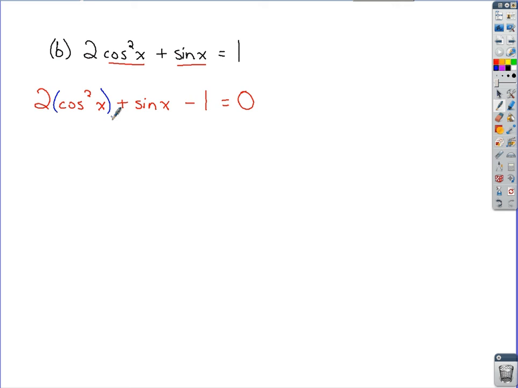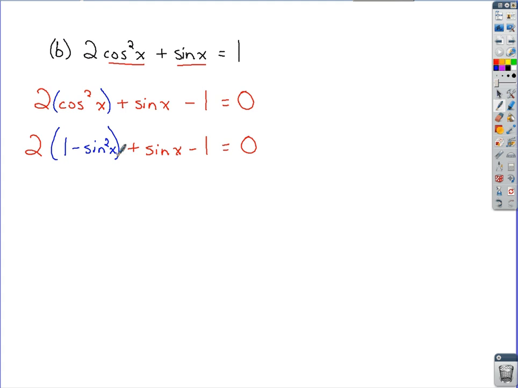Identity for cosine squared of x would be 1 minus sine squared of x. So if I substitute that in, here I am replacing cosine squared of x with 1 minus sine squared of x. By doing that, everything now will be in terms of the same kind of function, being the sine function. Oops, looks like I forgot a little x right here.